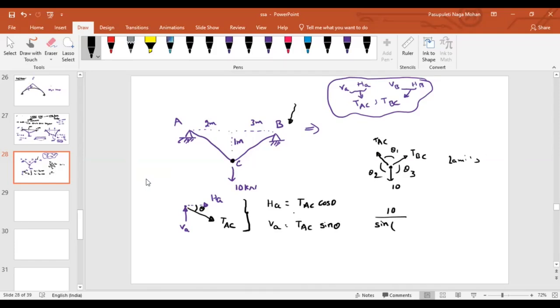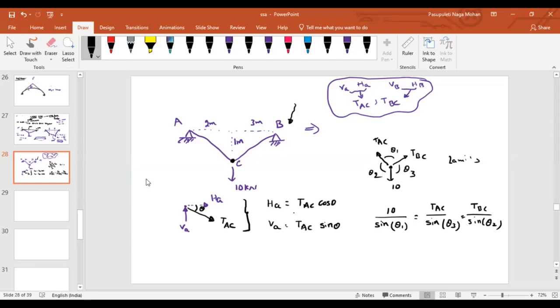I have to take sine of which angle? Theta 1, sir. The angle between the other two forces. What is the included angle between the other two forces? Theta 1. So 10 over sine theta 1 equals TAC divided by sine of the angle between the other forces, equals TBC over sine of theta 2.